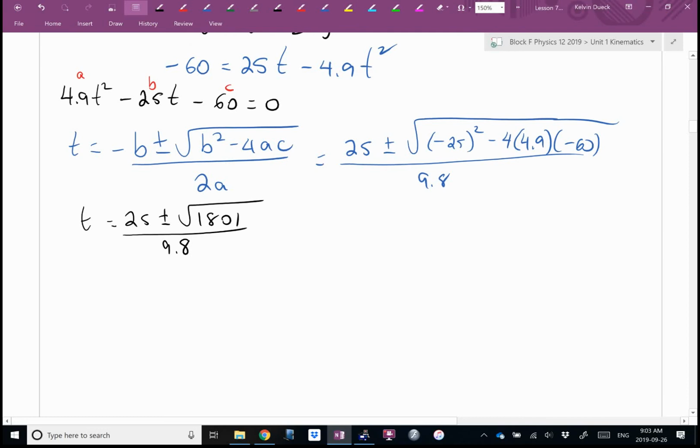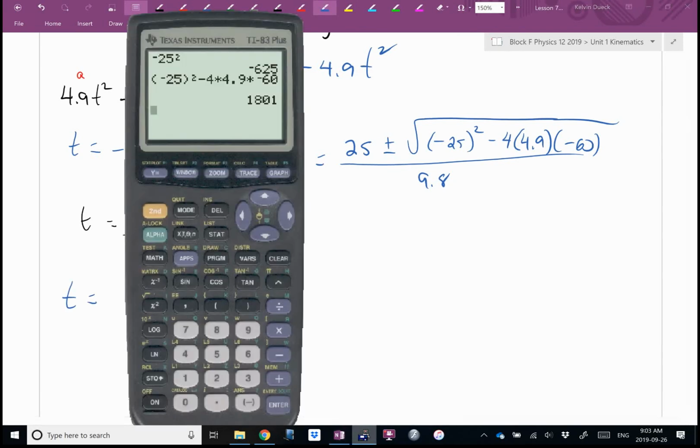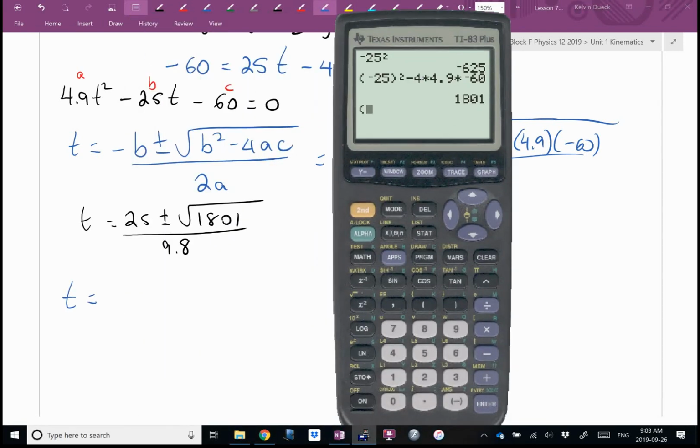And then I would get both roots. This is a fraction, so brackets around the top. I would go bracket 25 plus the square root of 1801, close off the square root, close off the top, divided by 9.8. One of my roots is 6.88144799. You know what? I'm probably going to round that to 7. Since there's two 9s, I'll make that 7 and 8. 6.881448.